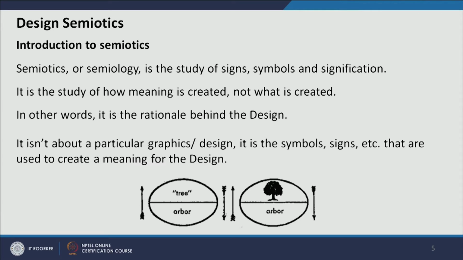Similarly, if we see a pictogram or icon or a realistic picture of a tree, not a 2D picture or painting or photograph, then also a tree's identity, a tree's conception, or the mental model of a tree will come into the user's mind. So this is the initial idea of semiotics. We'll go deep into this.